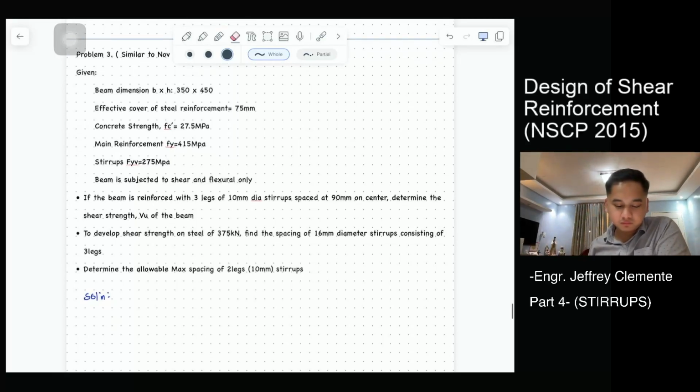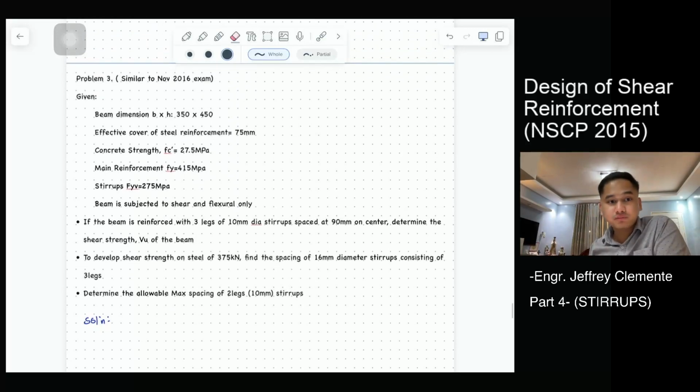Okay. So given the beam dimension, B times H, which is 300 times 350 by 450, effective cover of steel reinforcement is 75. Concrete strength, fc prime is 27.5. Main reinforcement fy is 415. Stirrups is 275. Beam is subjected to shear and flexural only.